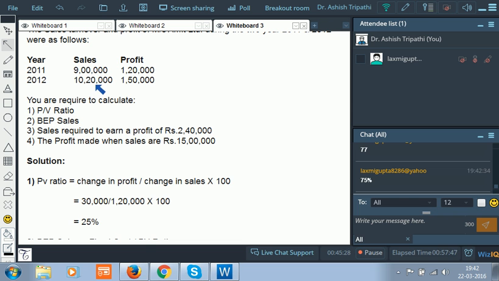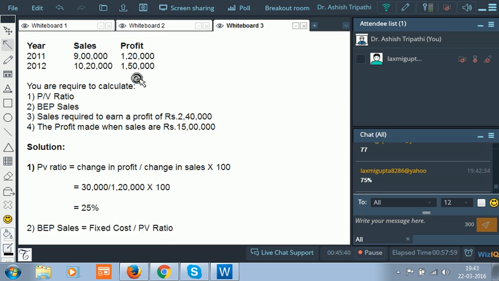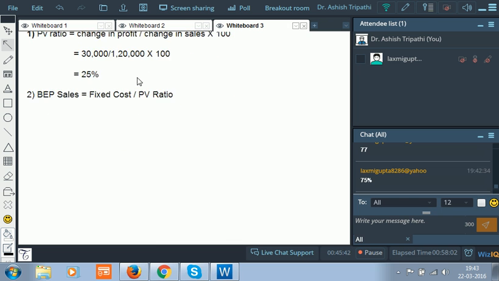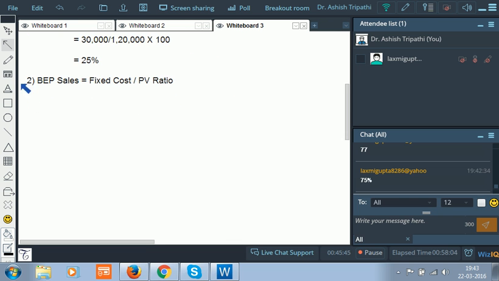Now, we have sales of both the years, and we will be able to calculate variable cost of both the years. Once we calculate variable cost, we will get contribution of both the years. Once we get contribution, you subtract profit, and you will get fixed cost of both the years. So let us try to calculate that.